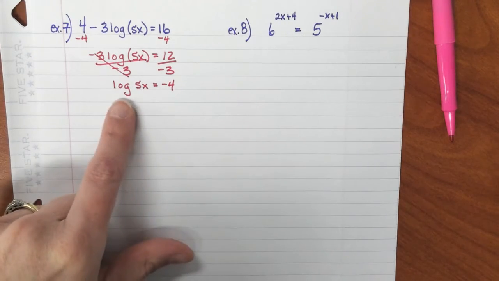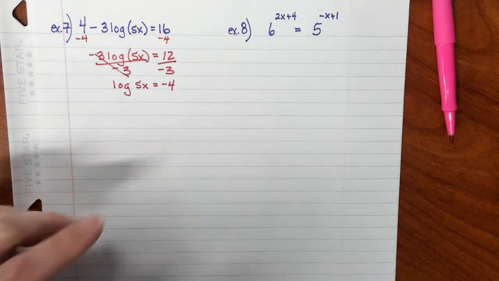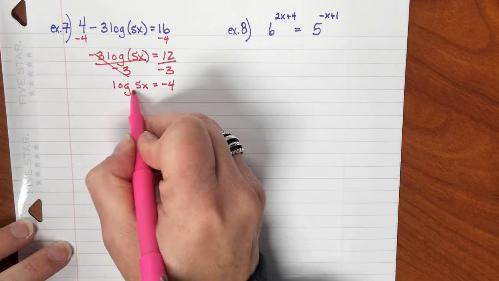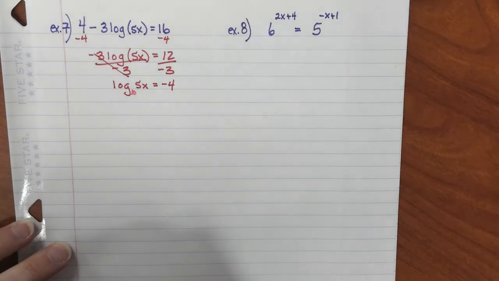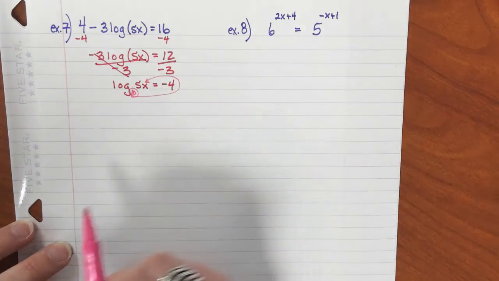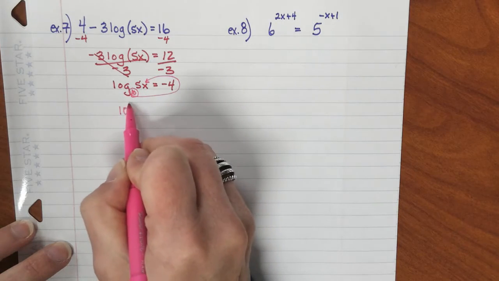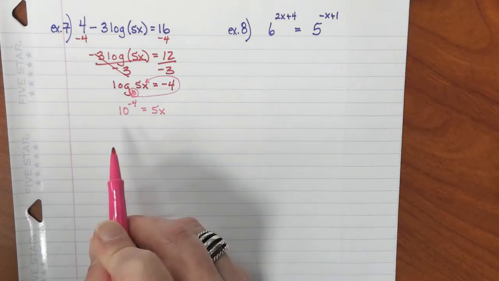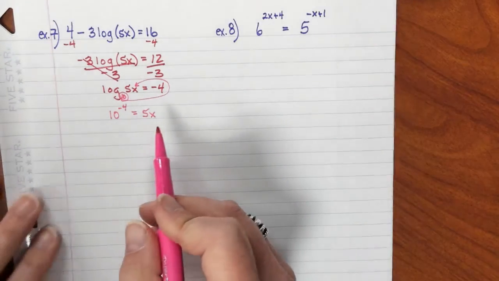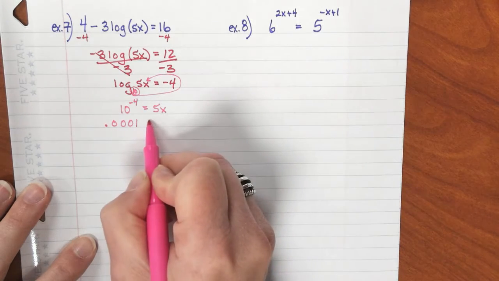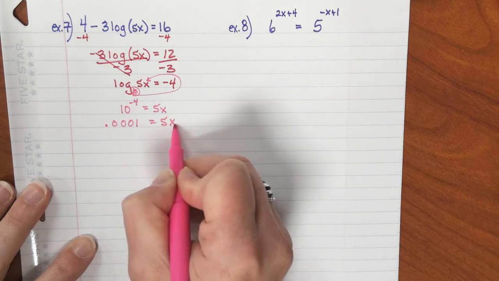Now this base right here of the log, it's not written, so it's understood to be 10, right? So if I want to rewrite this exponentially, right now it's written logarithmically, I would take 10 to the negative 4 equals 5x. 10 to the negative 4th power equals 5x. Well, 10 to the negative 4th power is 0.0001 equals 5x.